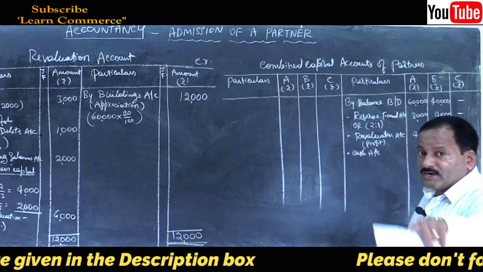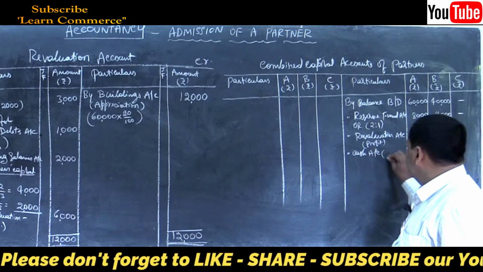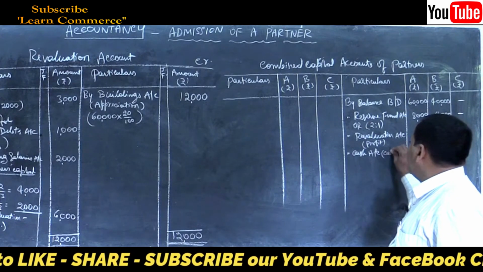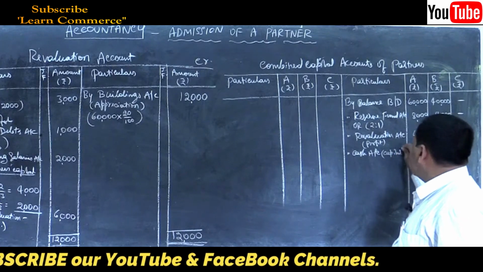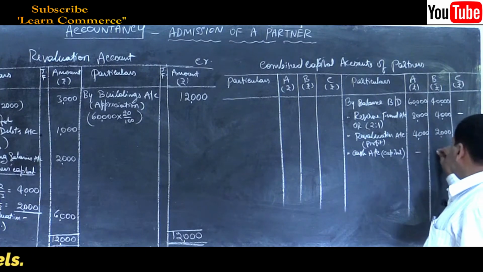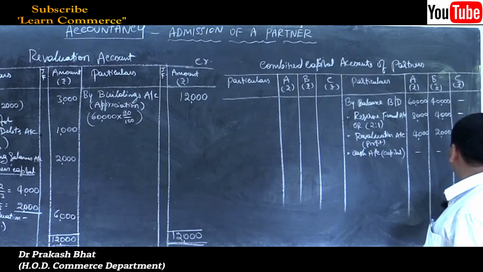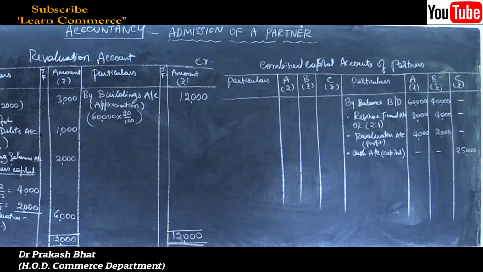Cash at bank is not there, so no need of writing bank. By cash account, within bracket write capital introduced, or capital, only in new partners capital account, that is cash brought in by him towards capital. 25,000.